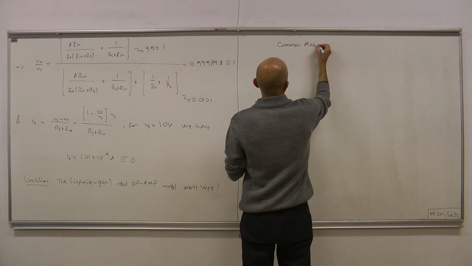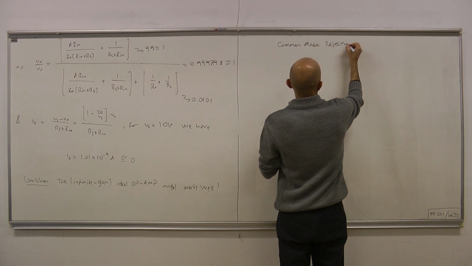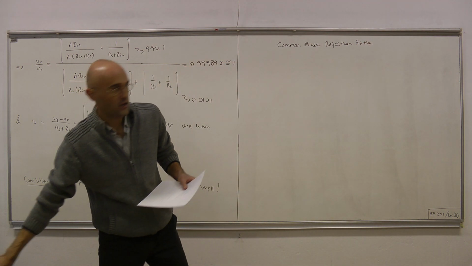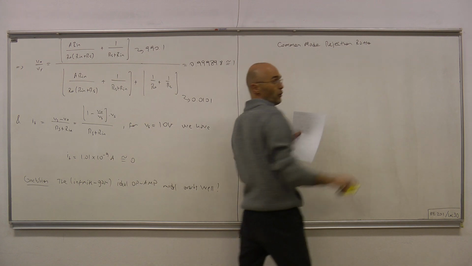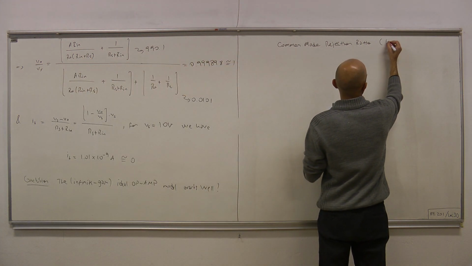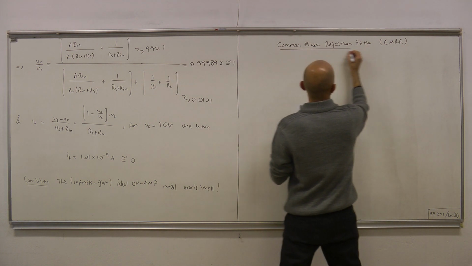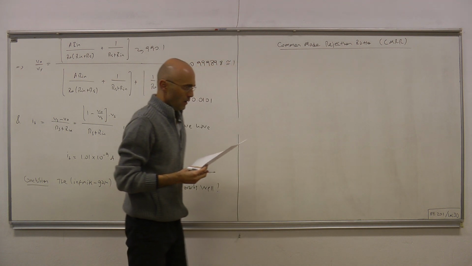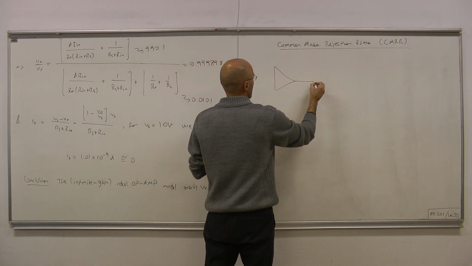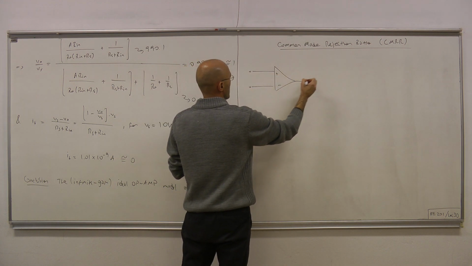Common mode rejection ratio for an op-amp. Okay, the abbreviation is CMRR. Okay, so this is our operational amplifier, plus minus.